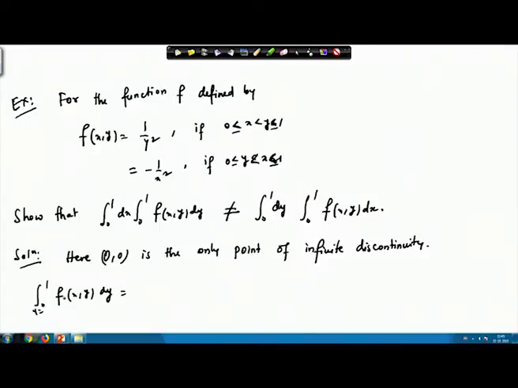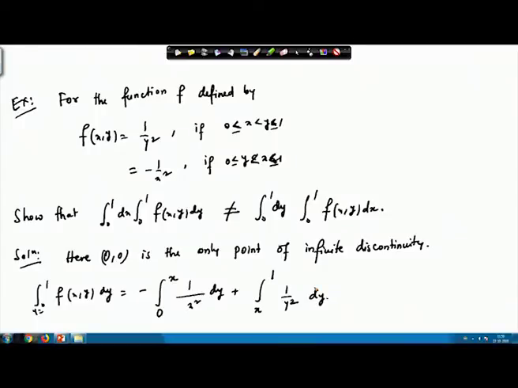So, when y is varying from 0 to 1, then in that case we can write this as minus integral from 0 to x 1 by x square dy plus integral from x to 1 1 by y square dy.